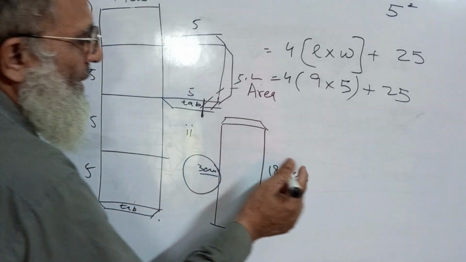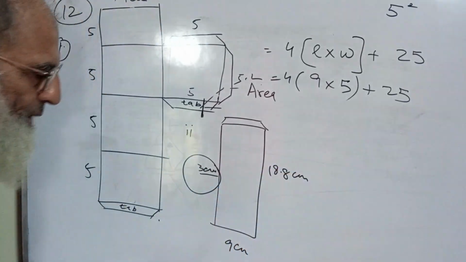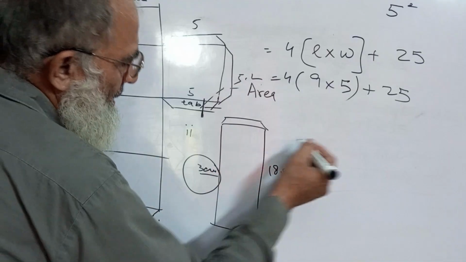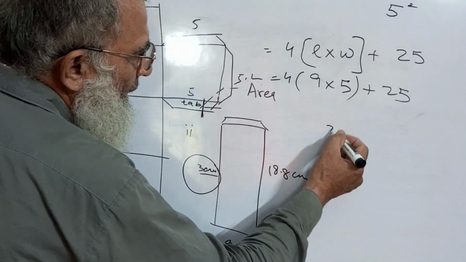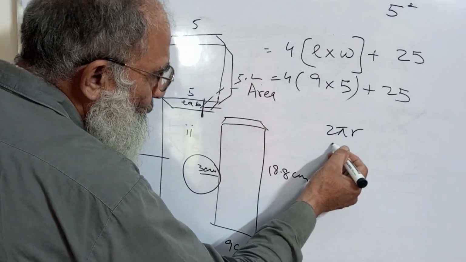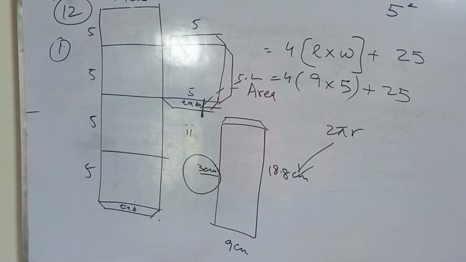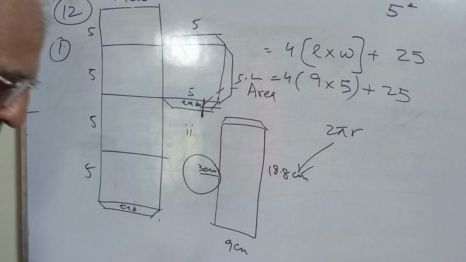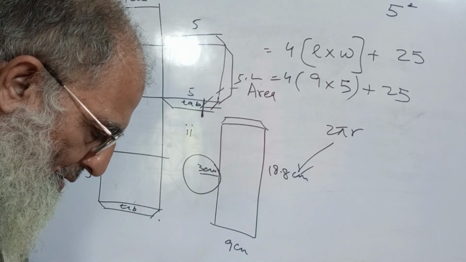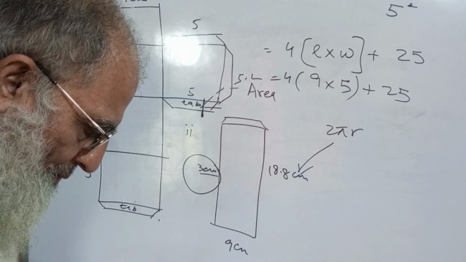So if I open it, this is radius, 2 pi r. It should come like this, it should be equal to this 18.8, 2 pi r.